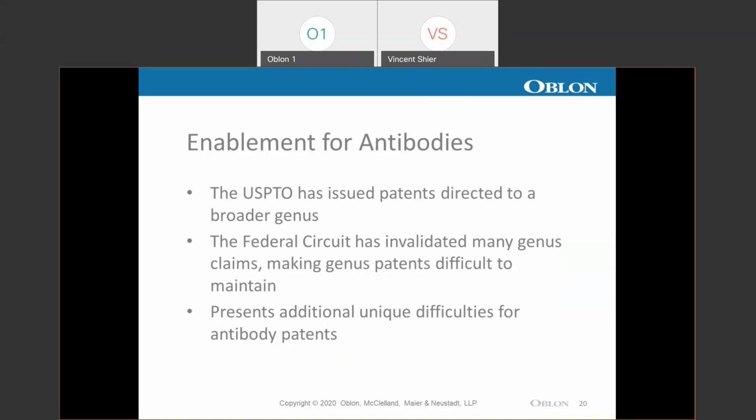So BMS and Merck have argued that once the target is identified, it's easy to screen and create variants of the antibody that would meet the functional requirements. In fact, that argument is more akin to where we started with the In re Wands case with respect to undue experimentation, where the court had previously stated that the methods of screening and generating antibodies were well known and routine.